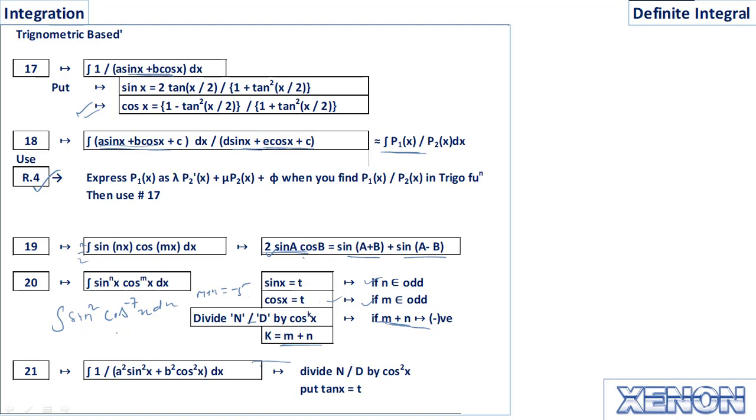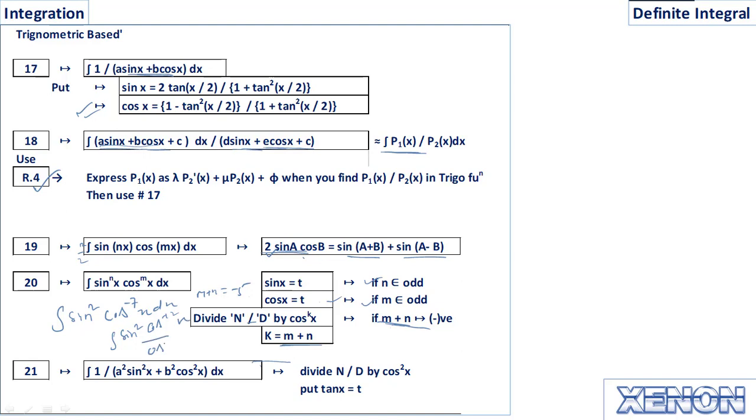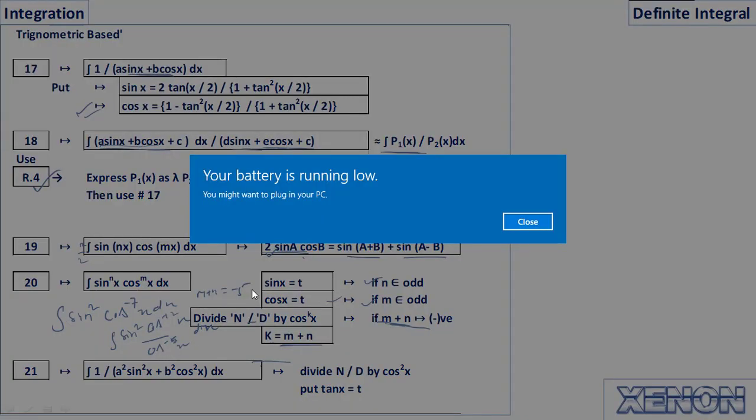So we will get the form of sin square x cos minus 12x upon cos minus 5x dx, right?